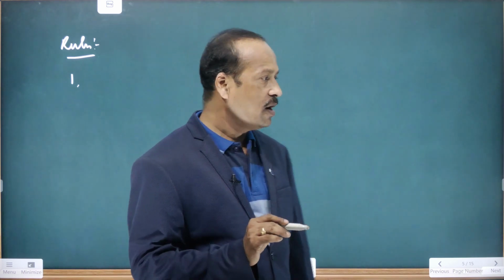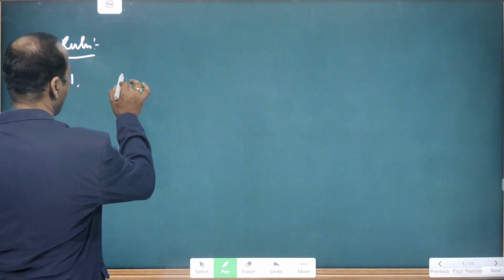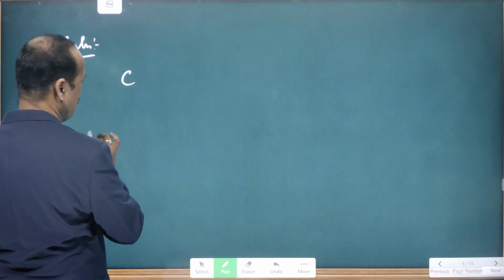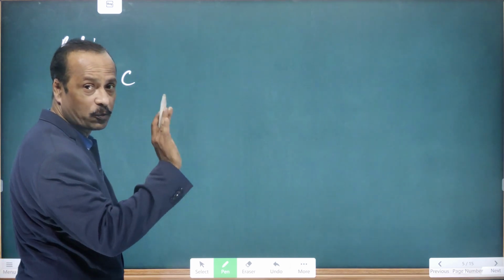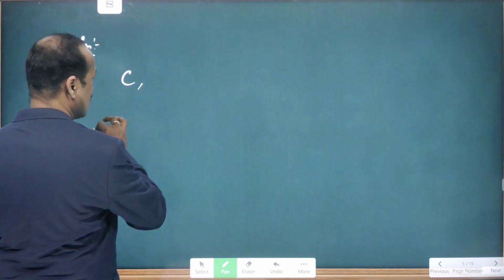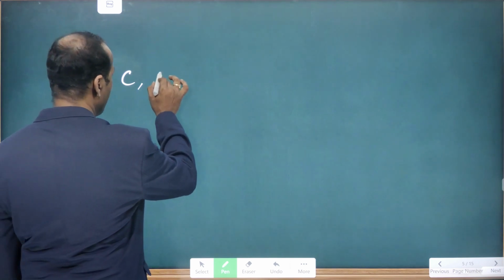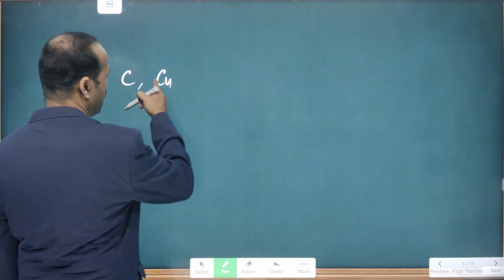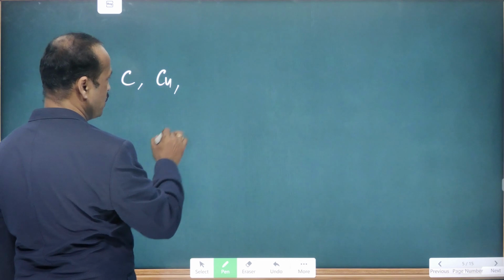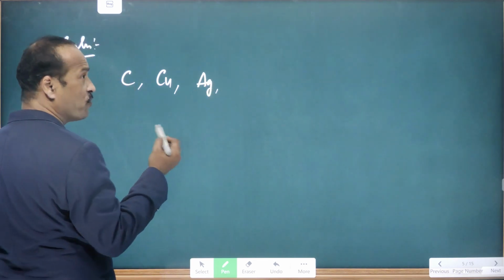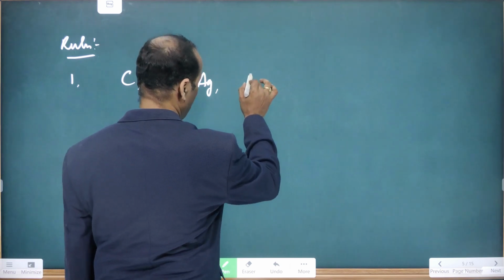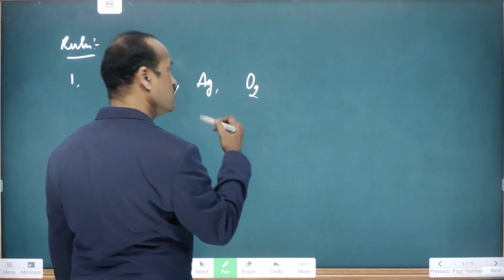The meaning is what? For example, if I take only carbon, there is only one carbon. Then what is its oxidation number? 0. Now, if I take copper, Cu, its oxidation number is 0 because it is individual. If I take silver, Ag, 0. If I take molecules like O2, 0.